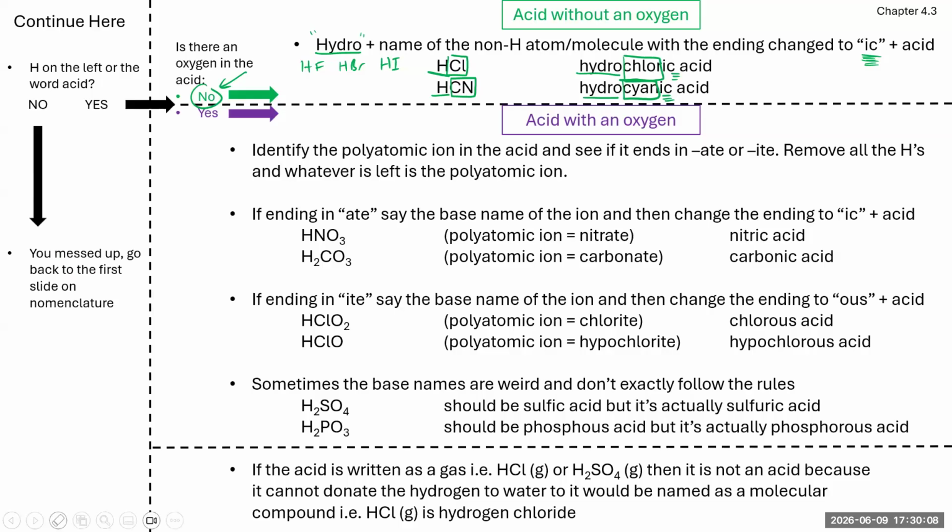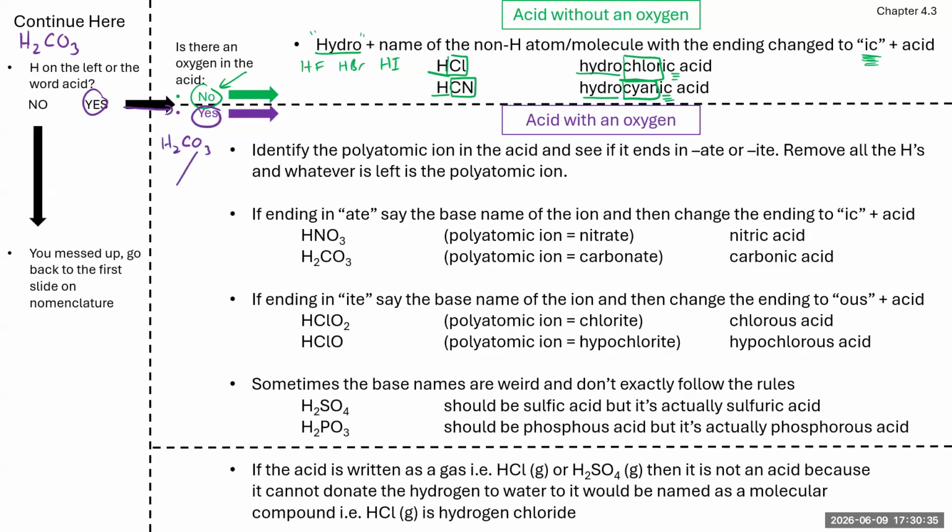Okay. Let's do this, and I think we have it on purple. Let's do something like H2CO3. All right, H on the left, yes. Let's go here. Is there an oxygen in the acid? Yes, there is.